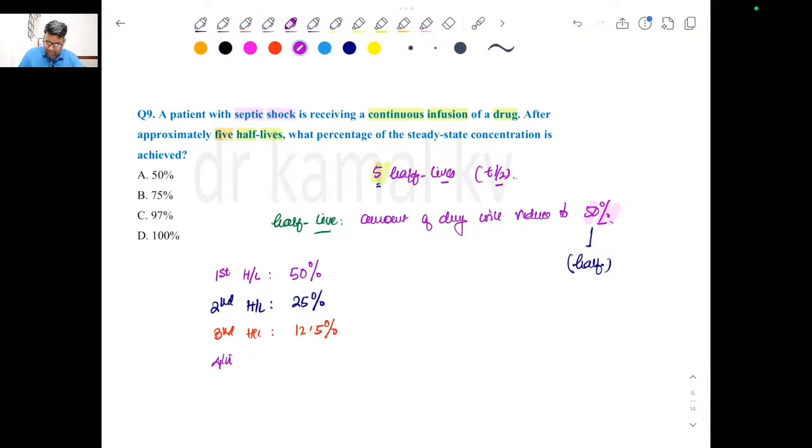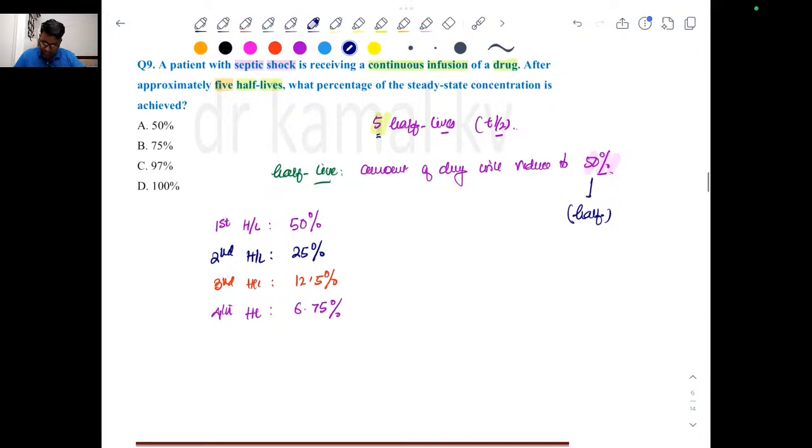Then the fourth half-life will be 6.25, and then the fifth half-life will be again 3.12%, right?